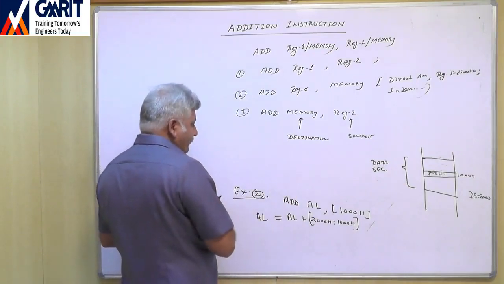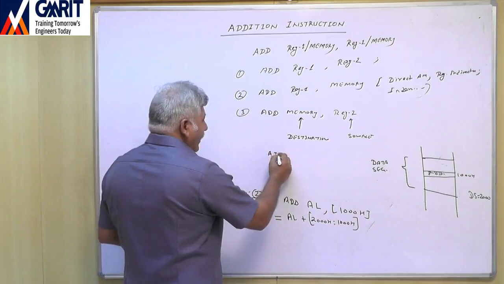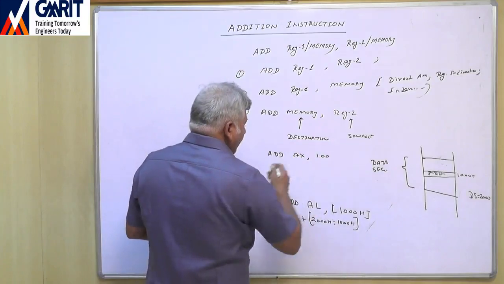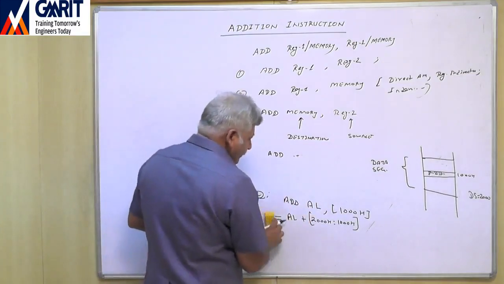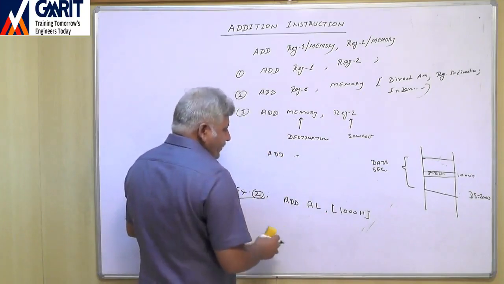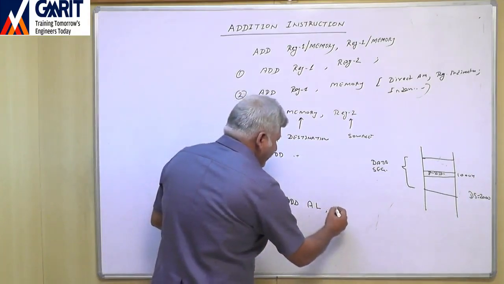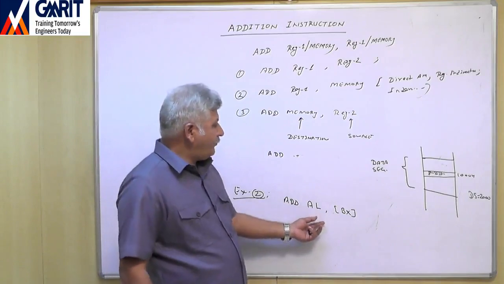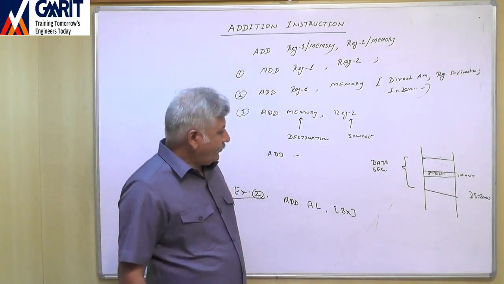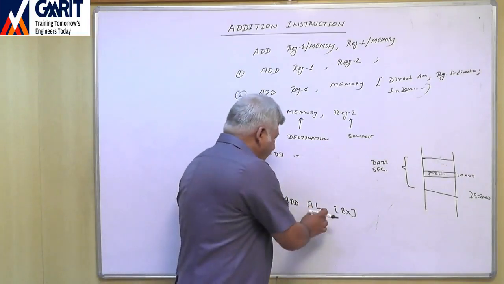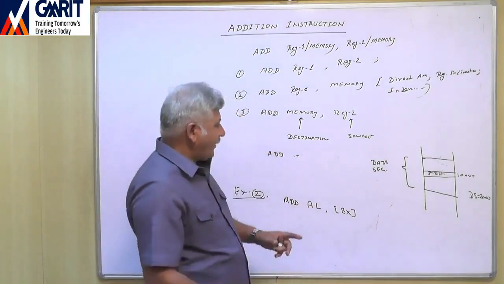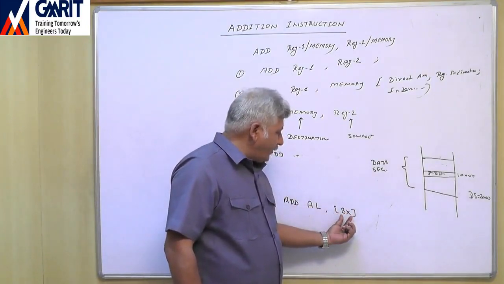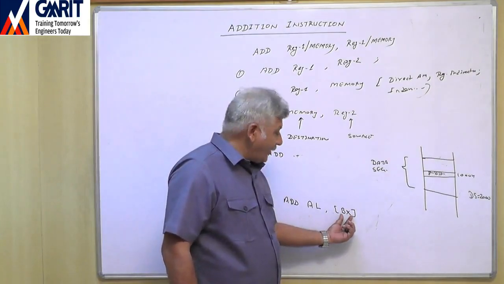We will take another case. ADD AL, comma, within bracket BX. Here our first data is in register AL, the second data is in memory, and the offset address of the memory where our data is, is pointed to by the BX register.